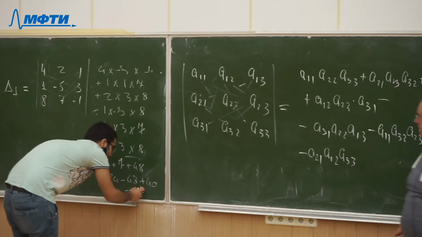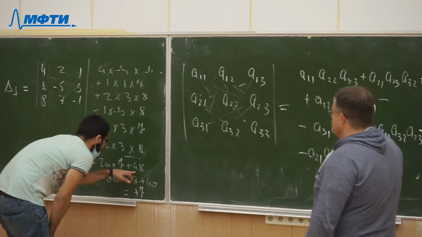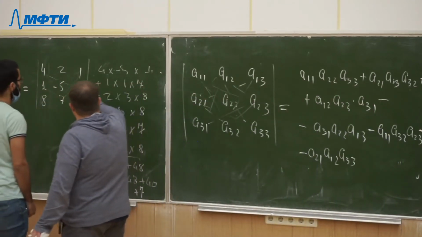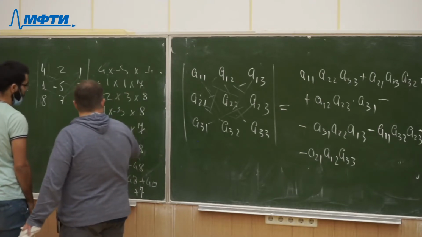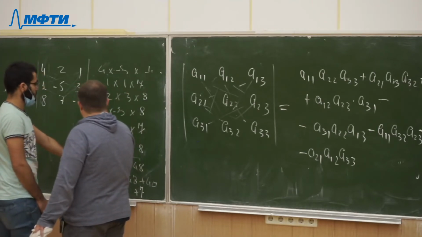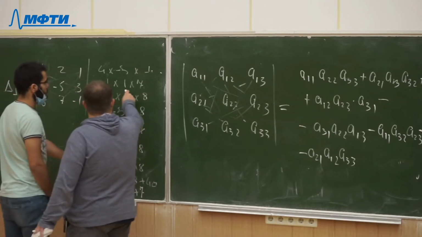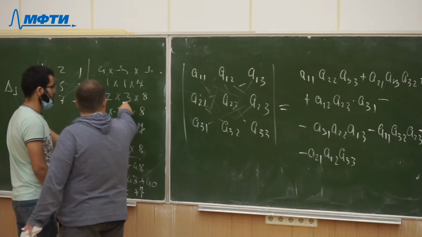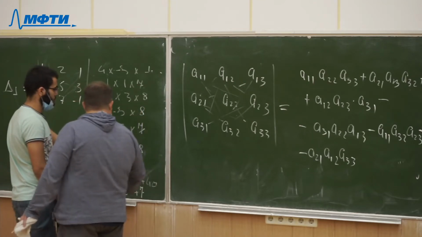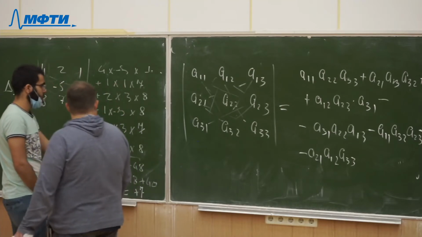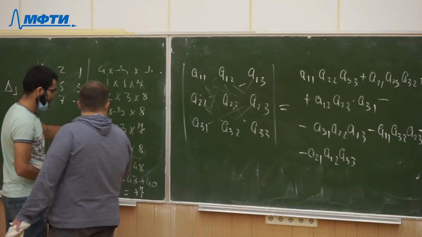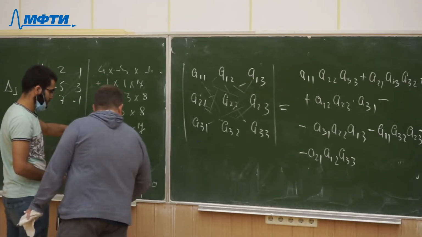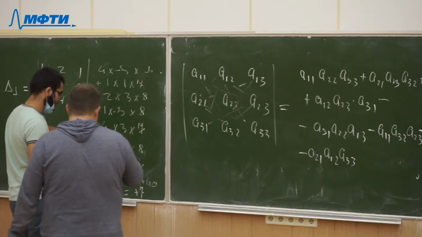Now let's check. 4 times minus 5 times minus 1, 20, plus 7, plus 48, minus this, 84.